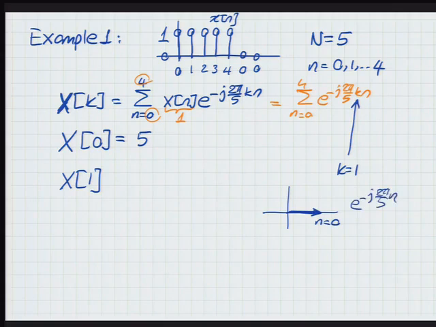For n equal to 1, it always is going to be on the unit circle, because e^(j whatever) has magnitude 1. The phase, though, is now negative 72 degrees. So this is where I go at n equal to 1. This is like a clock that ticks by 72 degrees at each instant of time. So then I'll have 144 for n equal to 2.